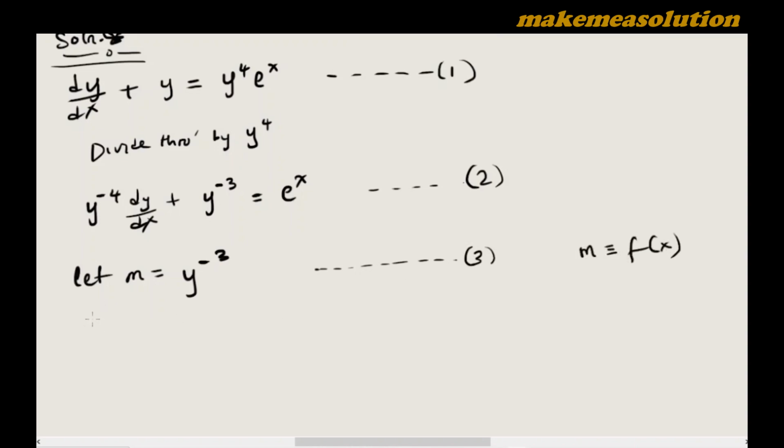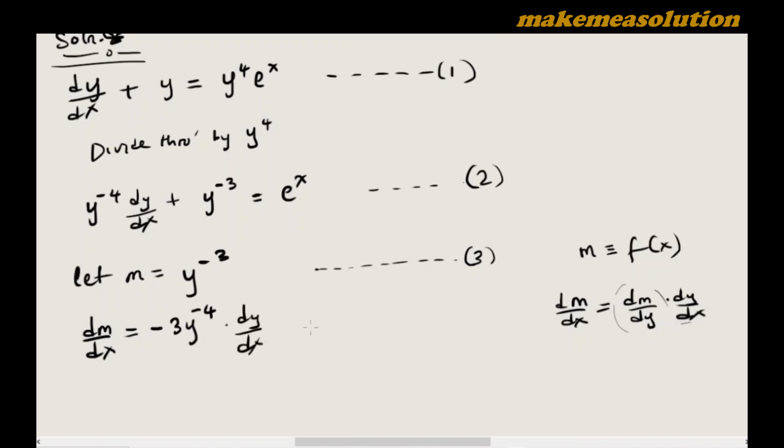So if you now want to find dm dx, since m is a function of y and y is a function of x, you're going to use chain rule. dm dx is actually dm dy times dy dx. So you're going to differentiate m with respect to y first, which will give me minus 3y to the power of minus 4. Then you're now going to add this multiplier dy dx. So this is equation 3b.